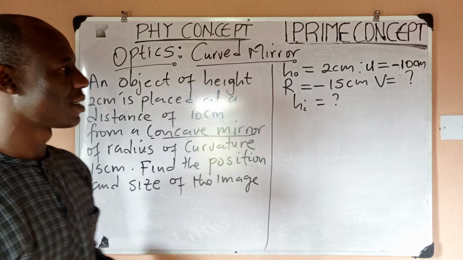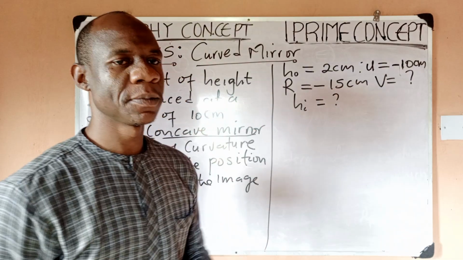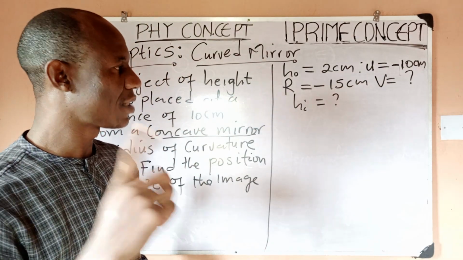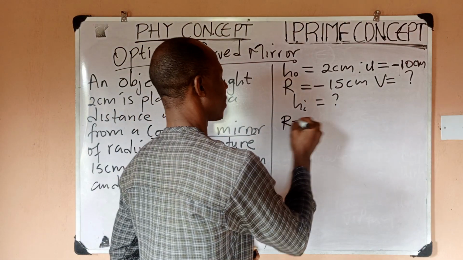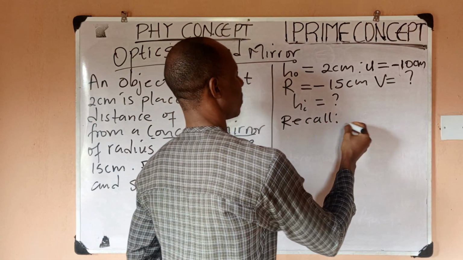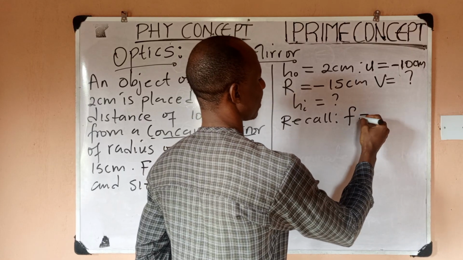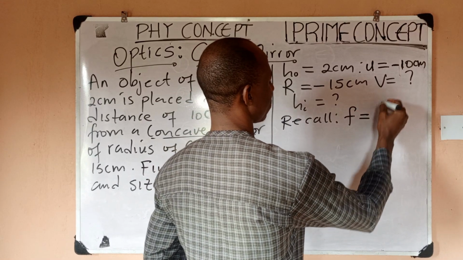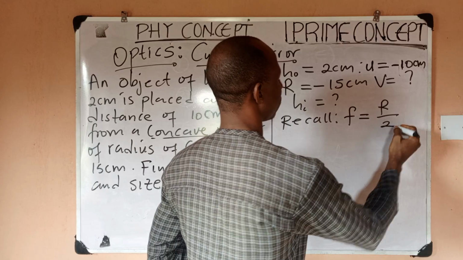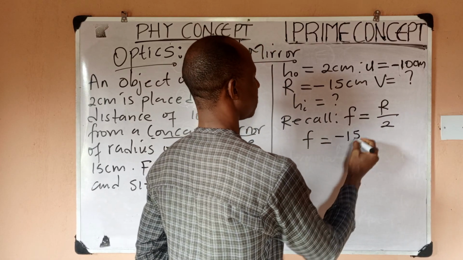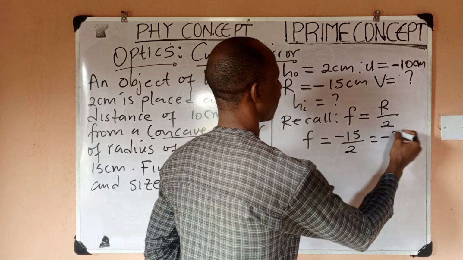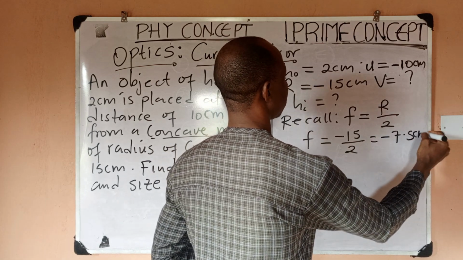We're going to start by solving for V using our mirror formula. We'll first recall that focal length F is equal to R divided by 2. So my focal length is minus 15 divided by 2, which is minus 7.5 cm.